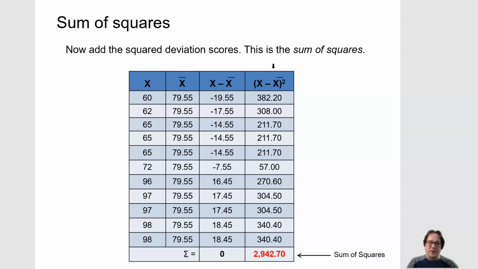The sum of squares, and in this case, it's 2,942.7. Make sure to write this down. So the sum of those squared deviation scores is called the sum of squares.